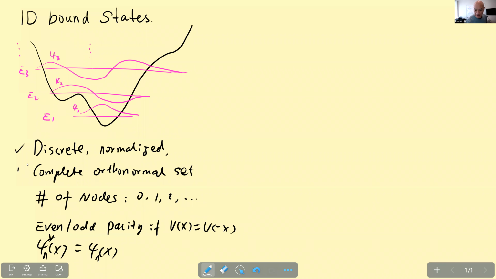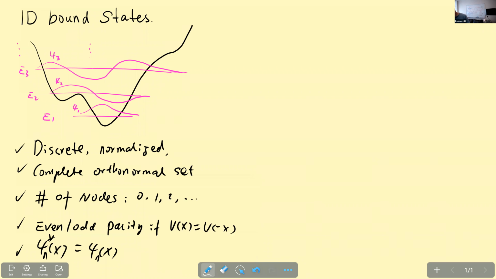These are the features we have learned about these 1D bound states, and the reason that they are discrete is actually because we have the boundary conditions.